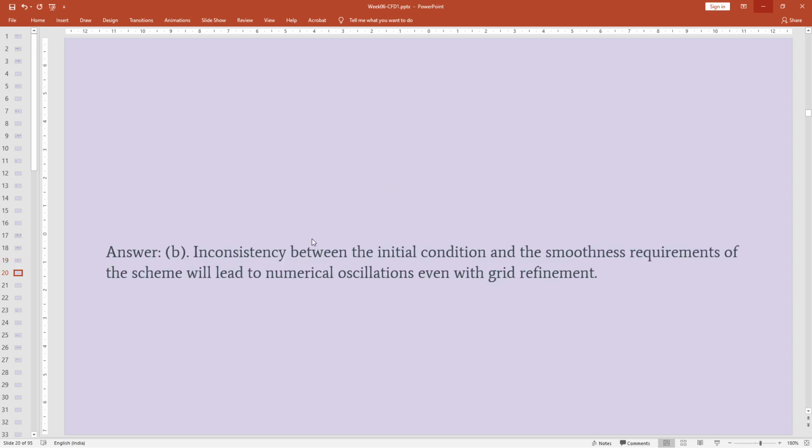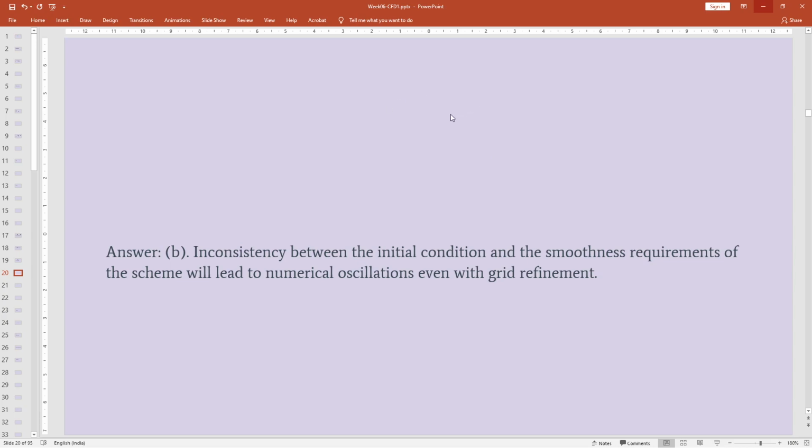So if our initial velocity condition is not smooth, then we have to make it smooth.